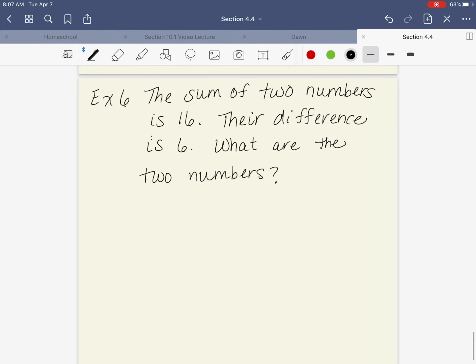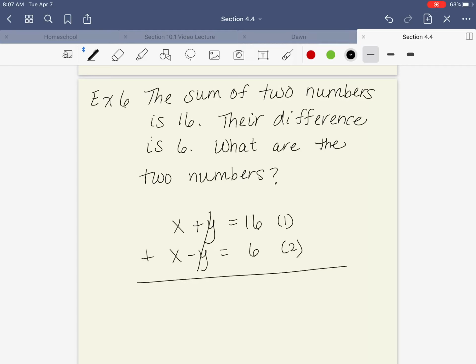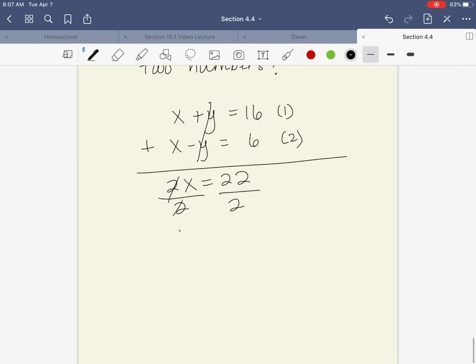So here are our two equations. The sum of two numbers is 16. X plus y equals 16. And their difference is 6. X minus y equals 6. We can easily do elimination because the y's will cancel out. And we get 2x is equal to 22. Divide both sides by 2. So x is equal to 11. And then you can plug that back into either equation.